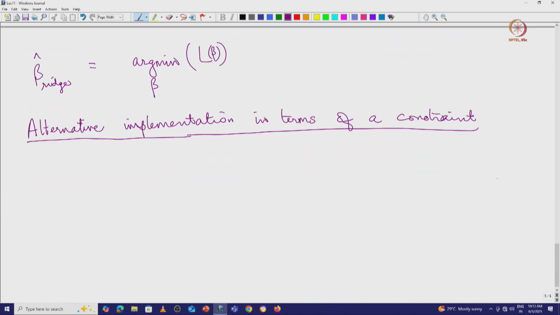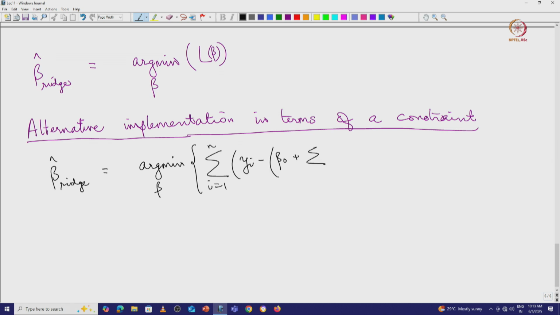So in this case your beta ridge would again be argmin beta, but we would use the same sum of squared errors as the loss function: sum over all the data points i going from 1 to n, true value minus the predicted value, beta naught plus sum over the parameters j going from 1 to p, beta j x i j, whole squared.